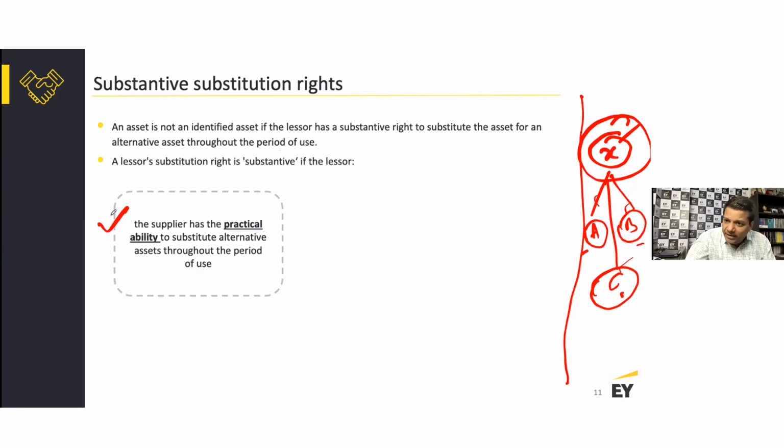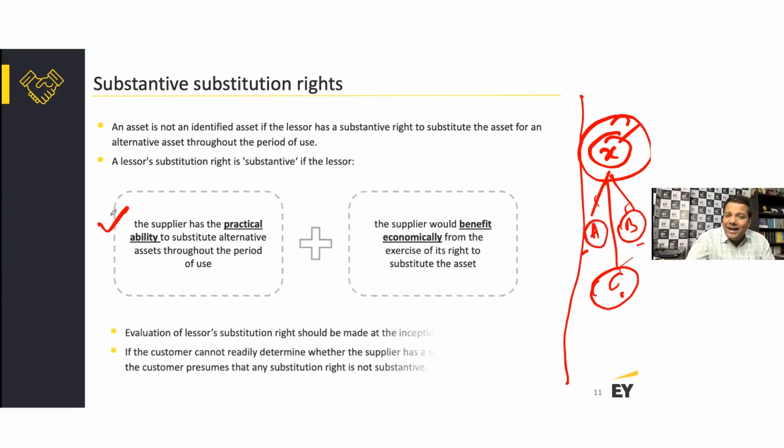So I have the ability, right? And it is economically feasible. It has to make commercial sense for me, right? If it doesn't make commercial sense for me, that means it is not substantive, even though there is a clause out there. Why will I replace it? If it is given to me, it's my choice, and I won't replace it because I will then be consuming two of my assets for the same consideration.